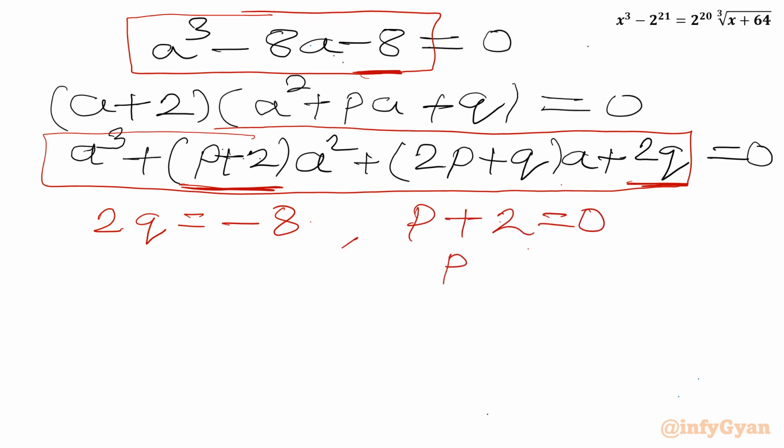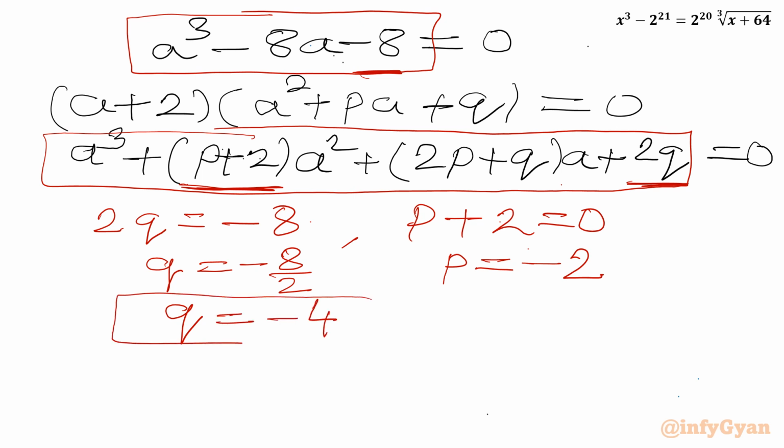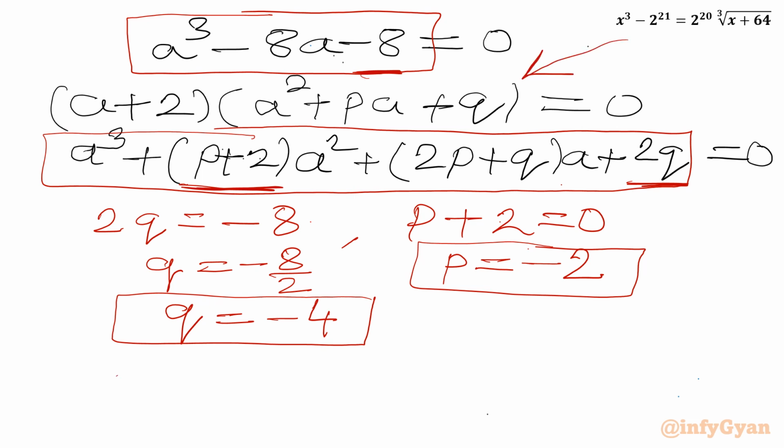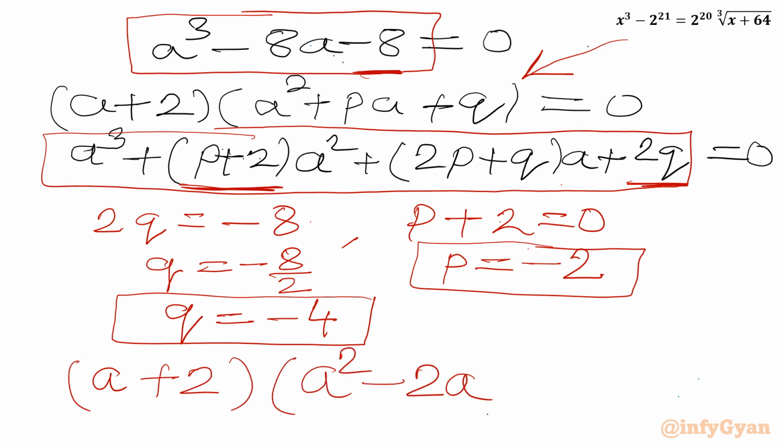So from here p equal to negative 2 and q equal to negative 8 over 2. So q will be equal to negative 4, which I will apply here. So I can write equation a plus 2 times (a square minus 2a minus 4) equal to 0.